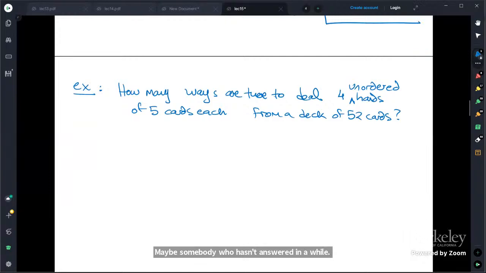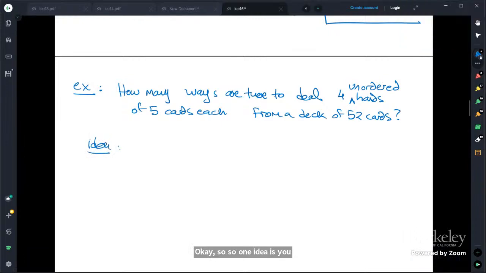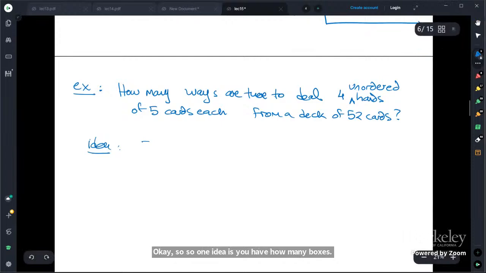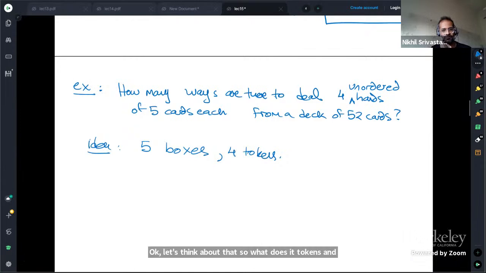So would it be that you have boxes and 5 tokens? Okay, so one idea is you have how many boxes? 5 boxes and then 4 tokens. Okay, let's think about that. So what do the tokens and boxes correspond to?